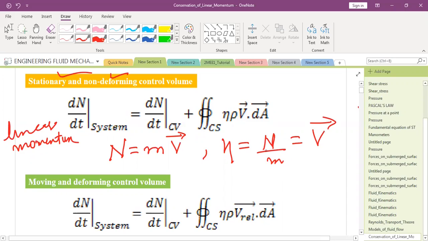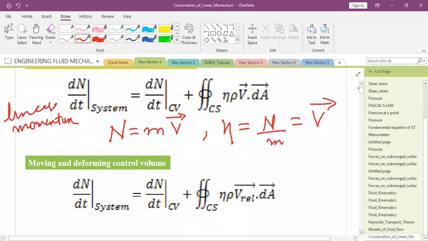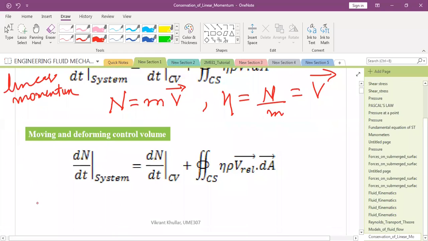Any doubts to anyone? So by putting this, I am giving you 30 seconds. Come up with the expression. What will you do? How will you approach? So this, I am writing down here, d(mV)/dt.